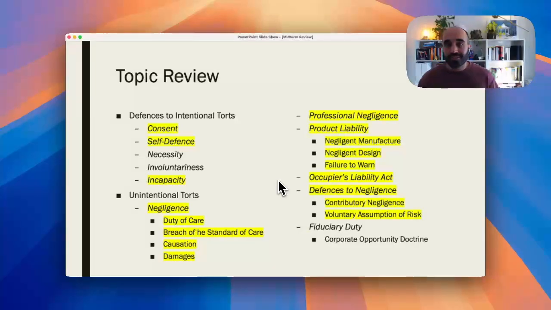We talked about professional negligence, where we heighten the standard for professionals. Then we talked about product liability, which again, is just negligence, right? But we're applying it to products and trying to figure out who is liable for what. We talked about the Occupiers Liability Act. This tells us that all occupiers of land owe a duty to anyone who comes onto that land.